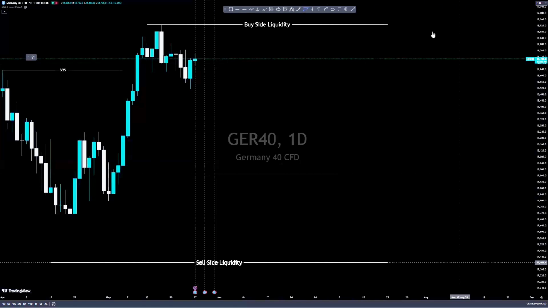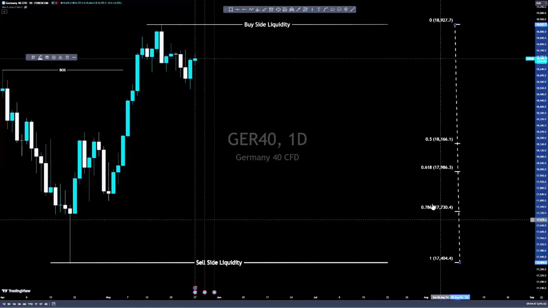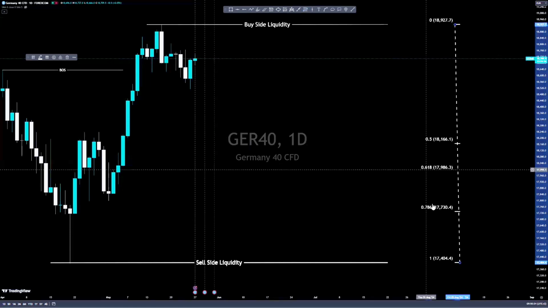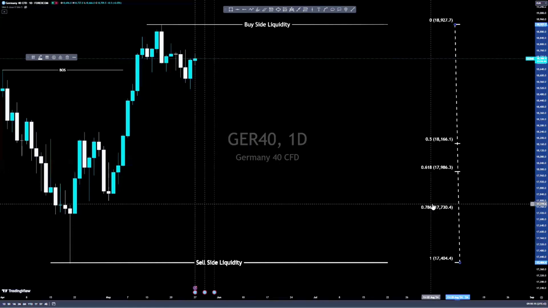If you check here, it's at a zero level, the buy side liquidity, so it has to come back down. This is where we start counting. So the levels that I've put are 0, 0.5, 0.618, 0.786, which is the golden zone where price is more likely to respect the order block.